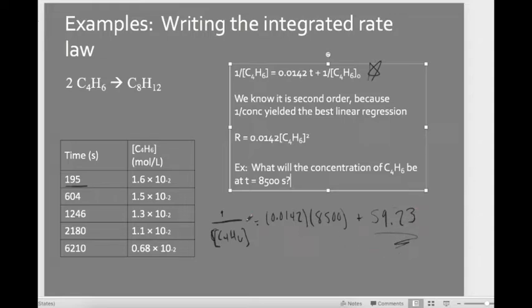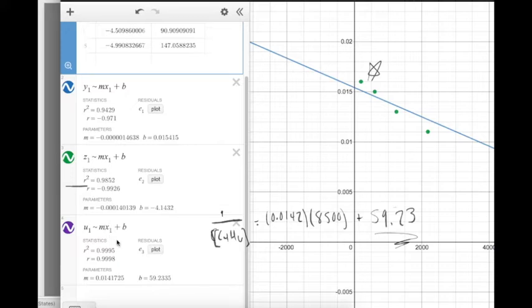Where's that number coming from? That number is coming from my linear regression. Remember, this one is the one that fit the best. And there's my slope, and here's the b. The y-intercept for this is 1 over the initial concentration. So I know that this is equal to 1 over the initial concentration. I could actually solve for the initial concentration if I wanted to from that.